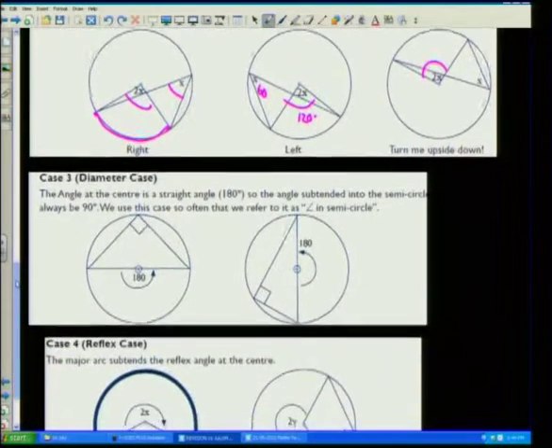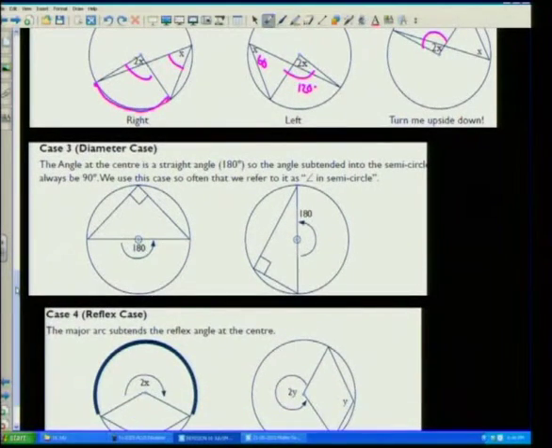Now, there's a third case. In this particular case, the arc that's doing the subtending is the arc of the semicircle, and the angle at the center is 180. It's a straight angle. So we know that this one is double that one, and if that's 180, that one has to be 90.